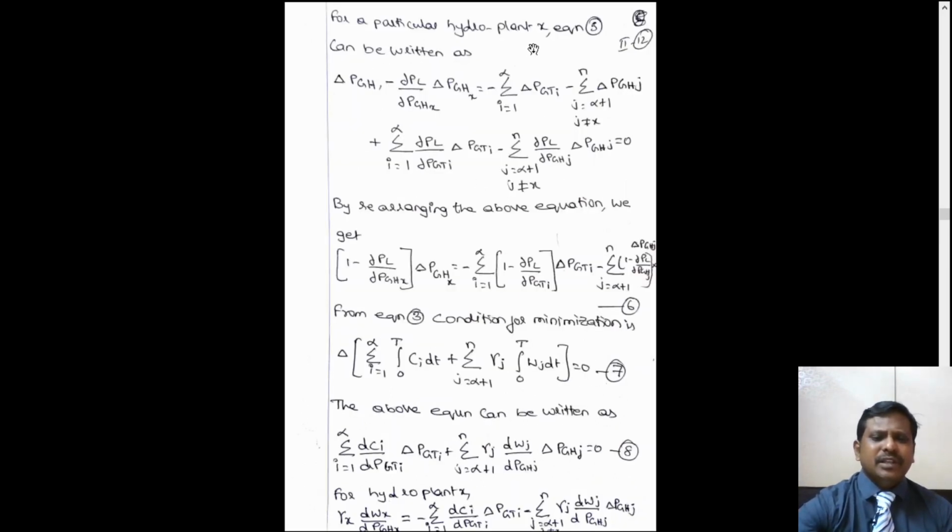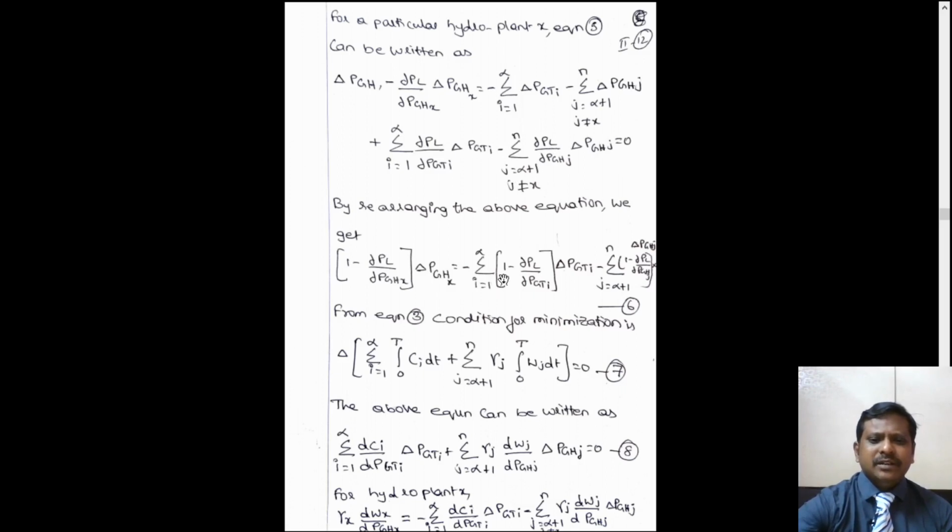So considering a particular hydro power plant at X, it can be written as PGH minus dou PL by dou PGHX. So the value is written here as minus PGTi minus the sum over j equals alpha plus 1 to n of delta PGHj, the power generated by the hydro, plus transmission line losses for the thermal power plant and transmission line loss for the hydro power plant.